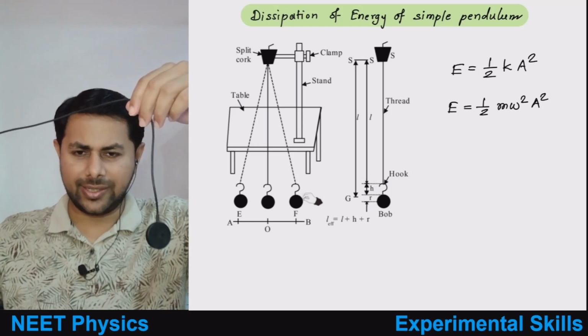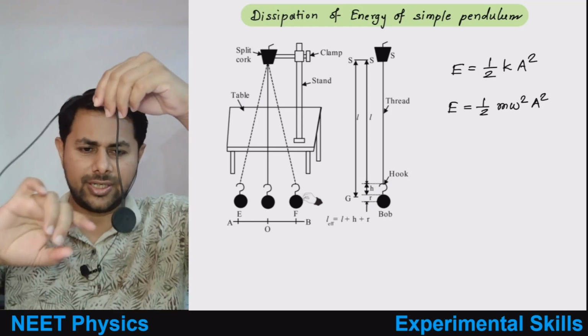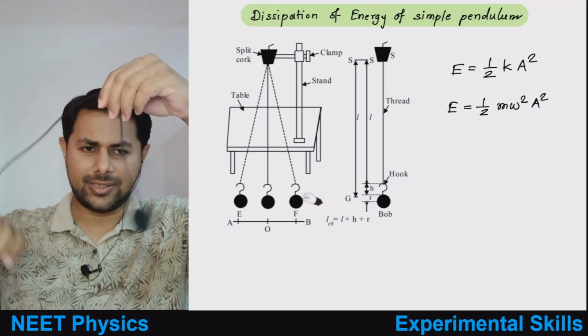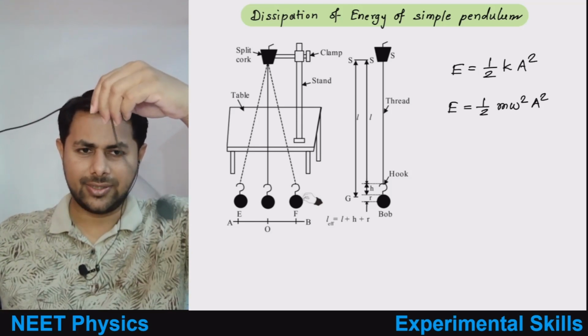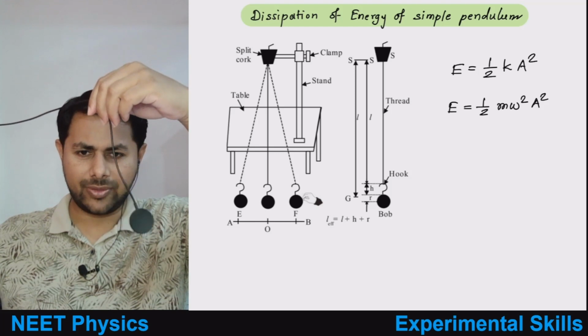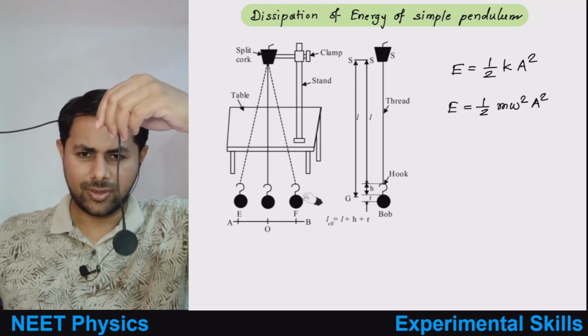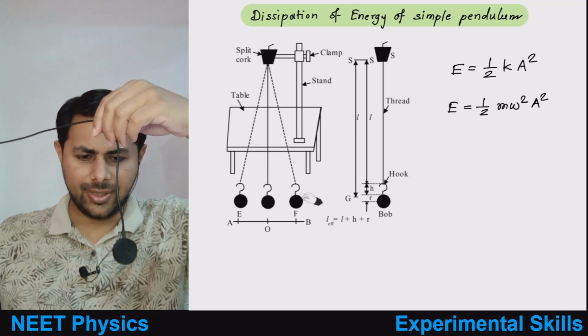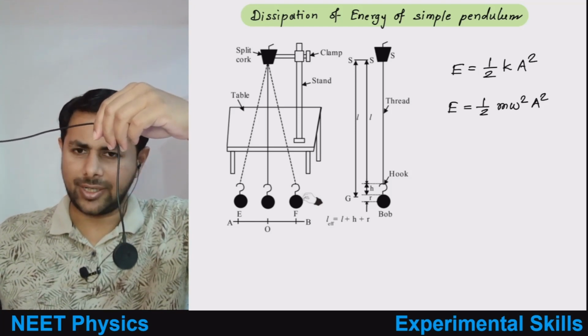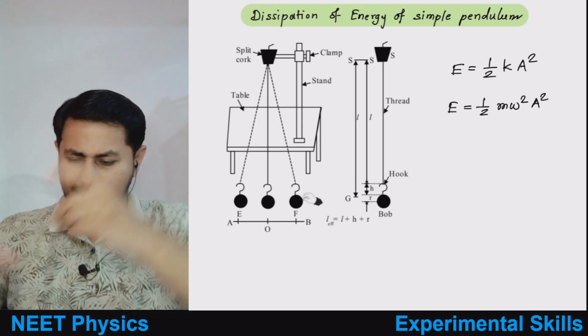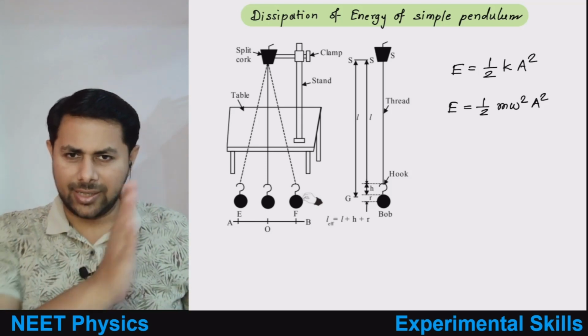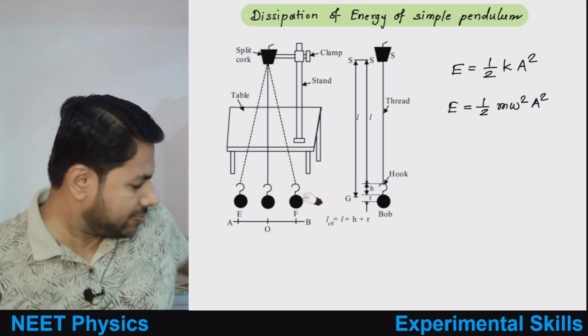Then you give it a displacement and release it, and it will oscillate like this. But after some time the oscillations die out, and now it's almost steady, right? It's not like it will keep on oscillating forever.